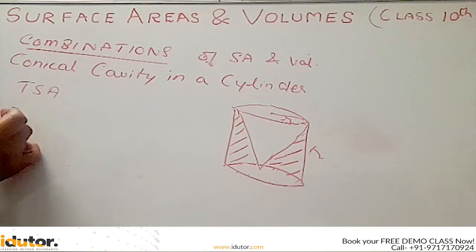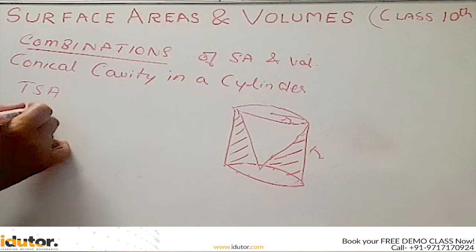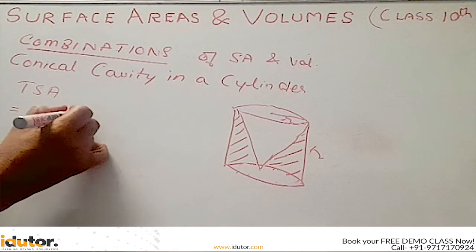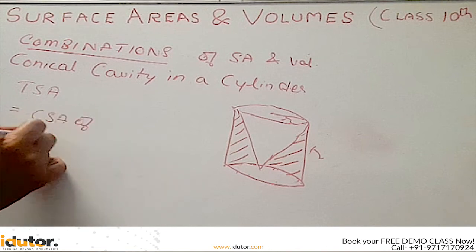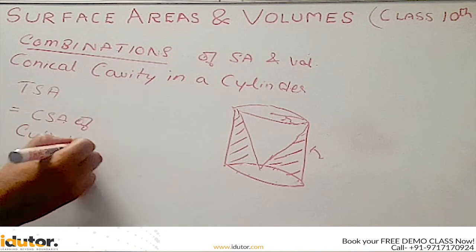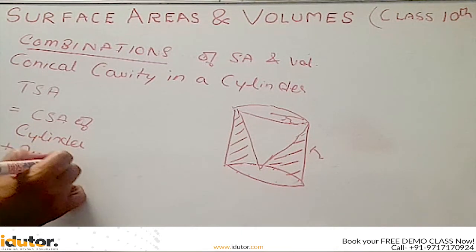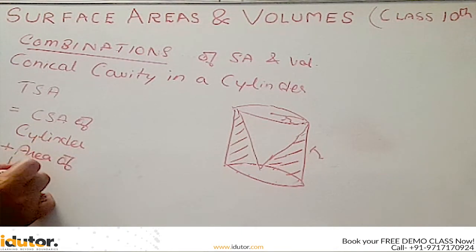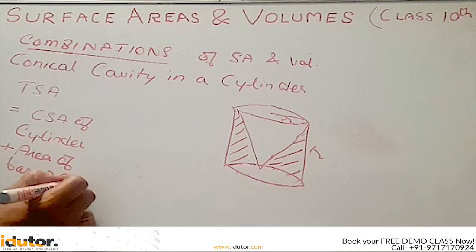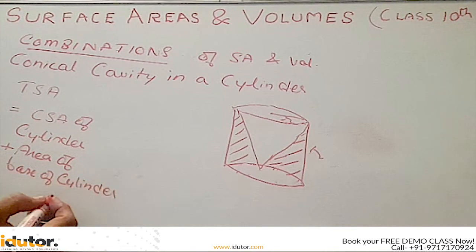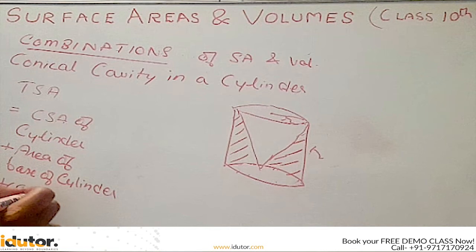This will be equal to the curved surface area, CSA, of the cylinder, plus the area of the base of the cylinder, plus the CSA of the cone.